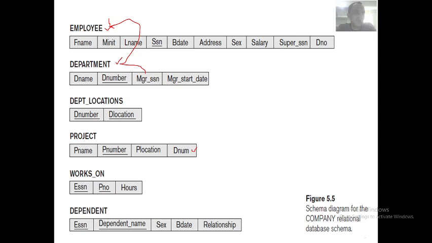Whenever you write an attribute name, the first letter should be capital and the remaining small. Entity names should all be written in capital letters, in the schemas, not in the values of the entity set.